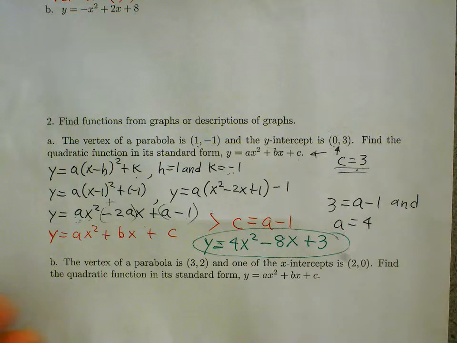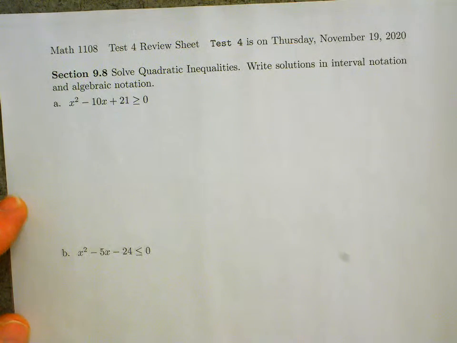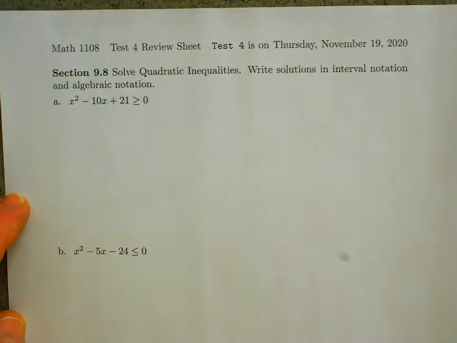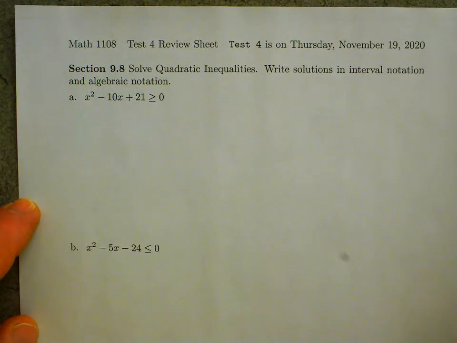All right, let's move on to section 9.8. On the test review sheet, there are 6 quadratic inequalities.